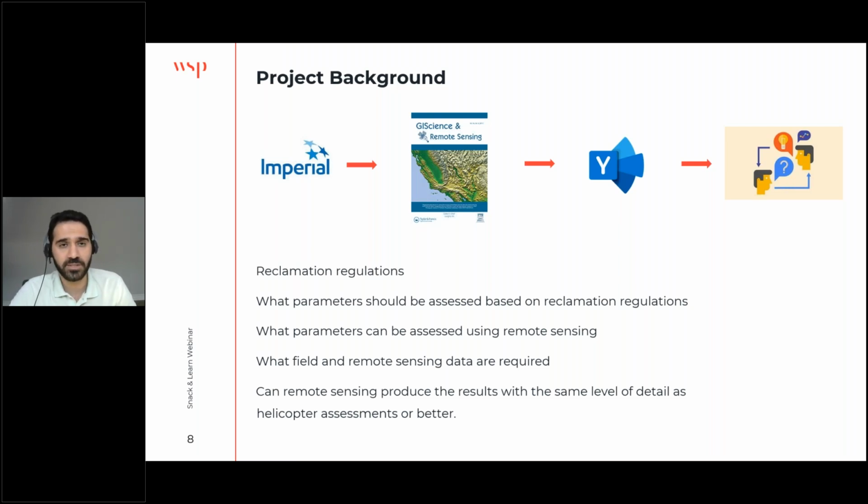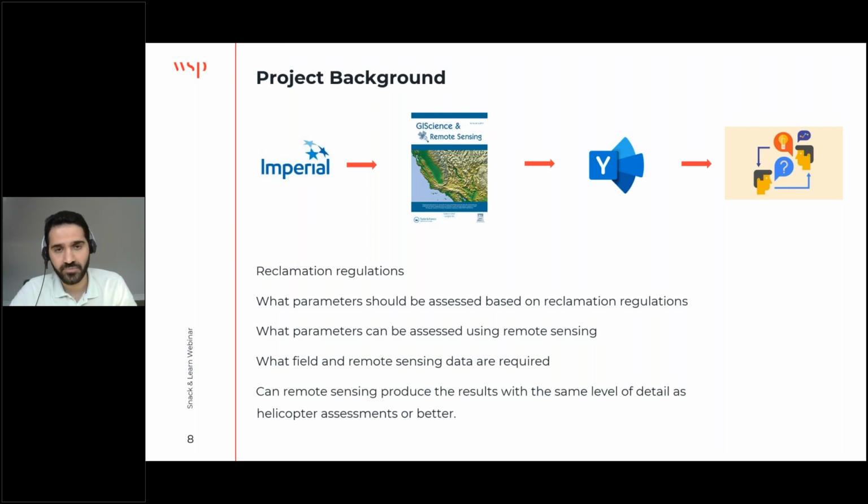Initially we had lots of discussion because I needed to have more knowledge on reclamation and the regulations. And our reclamation scientists also wanted to know more about remote sensing technology. We discussed what parameters should be assessed based on reclamation regulations, and what parameters can realistically be assessed by remote sensing methods.